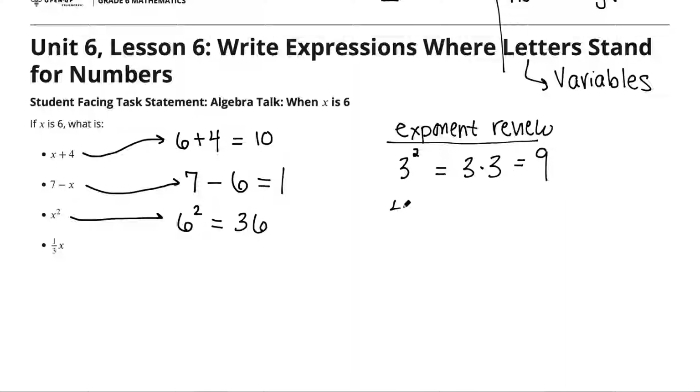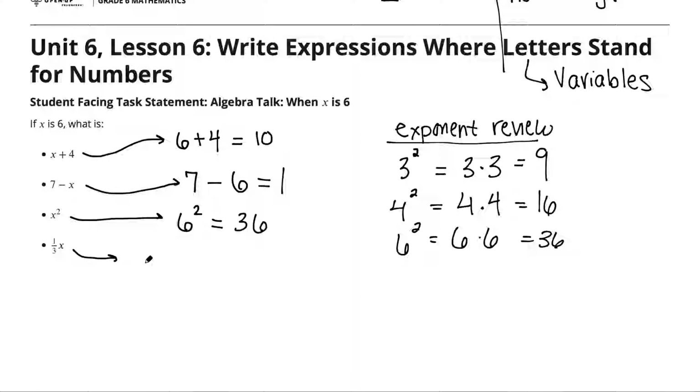If I had 4 to the power of 2, that means I write the 4 2 times, 4 and 4, and they're being multiplied. 4 times 4 equals 16. So 6 to the power of 2 was really the same as I write 6 2 times, 6 times 6, which gave me that 36. Okay, that was just a quick little exponent review.